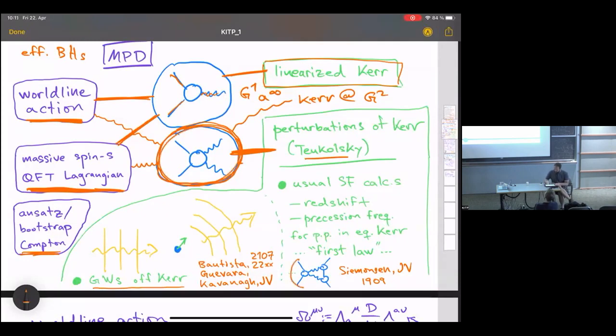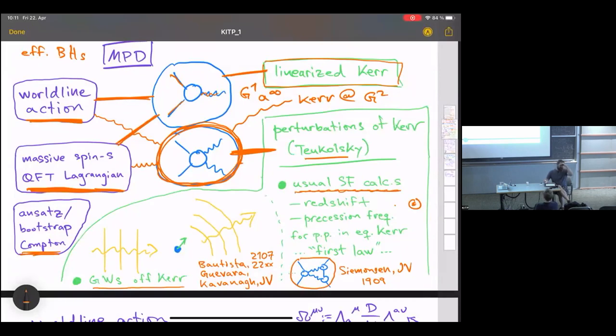Now, there was some previous work, instead of directly looking at this simpler building block, the Compton amplitude, like looking at the two black hole process, and let me say usual self-force calculations. So a little point particle in orbit around a big Kerr. Computing something to do with that situation is something that our friends in the self-force community routinely do.